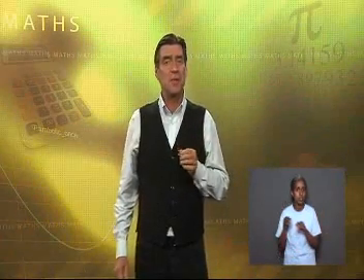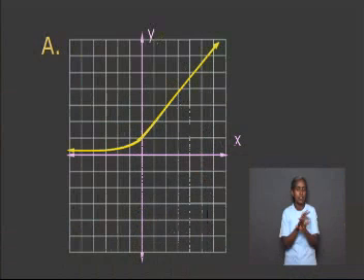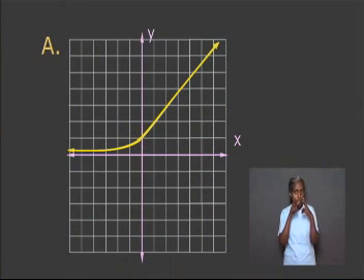Hello, students. This was a very simple exercise, was it not? Here is function A. As you can see, first we draw a line representing f of x equals x.